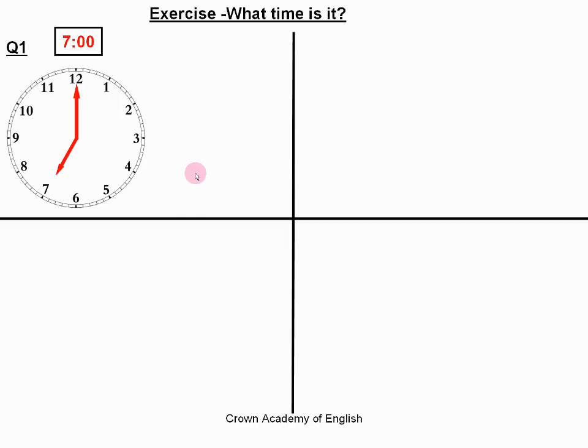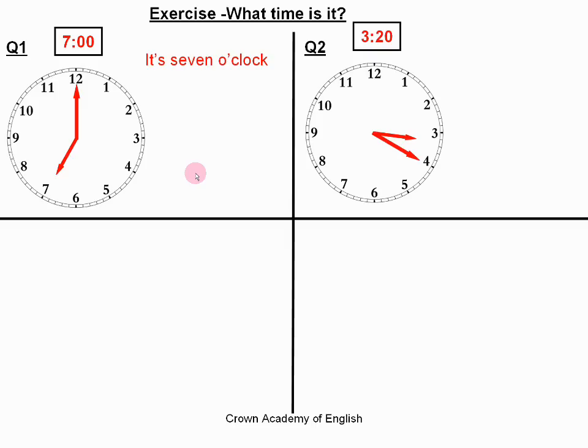And the answer is, it's 7 o'clock. Now, question 2. And for this question, I want you to give me both methods. So tell me the time using both methods. And I'll give you a few seconds.